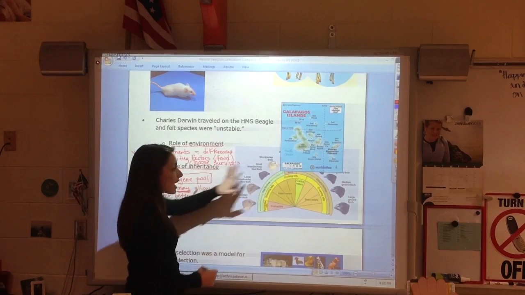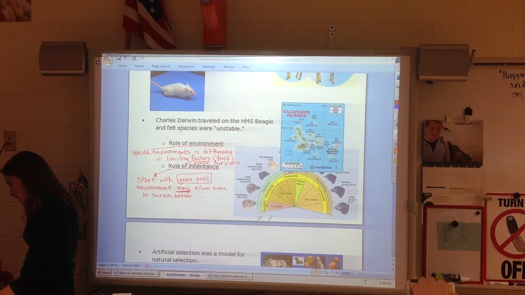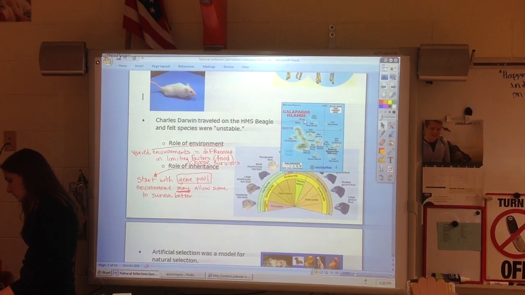So when we look at this bottom diagram, what we're looking at is a picture of Darwin's finches.